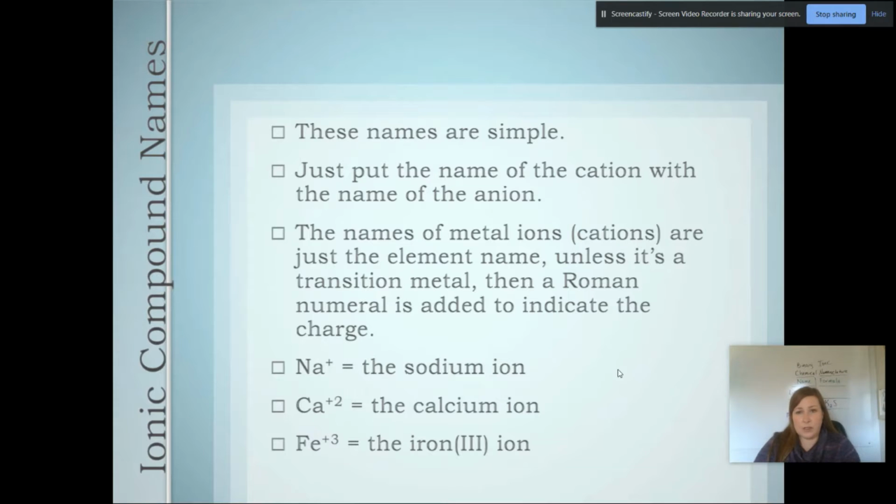If you recall, transition metals are the D block and F block elements in the middle of the periodic table. So Na+ is what we call the sodium ion, and Ca2+ is called the calcium ion, and Fe3+, well, iron's a transition metal. It can have different charges, and so we have to indicate the charge. So it's the iron(III) ion, with the 3 as a Roman numeral in parentheses.